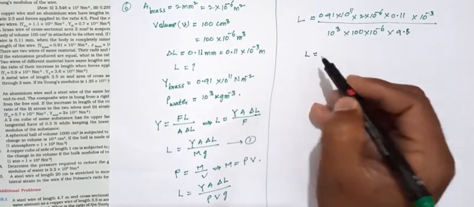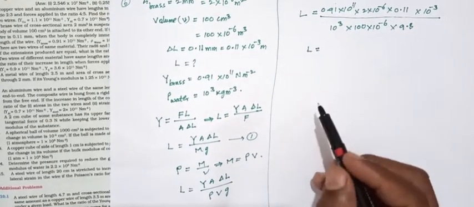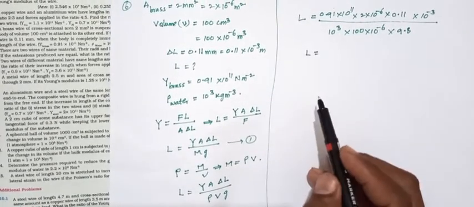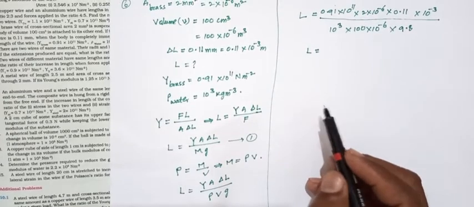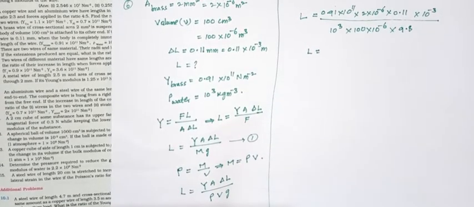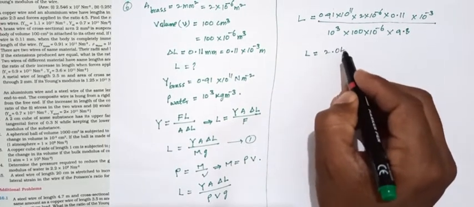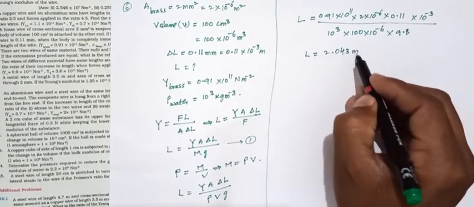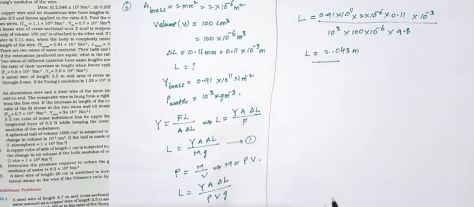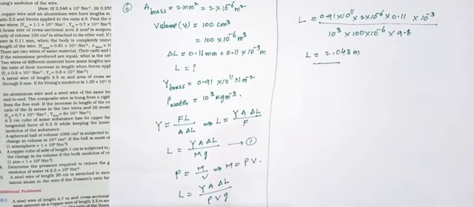Then the length we can calculate with a calculator. So it is 2.043 meters. So this is the natural length of the wire.